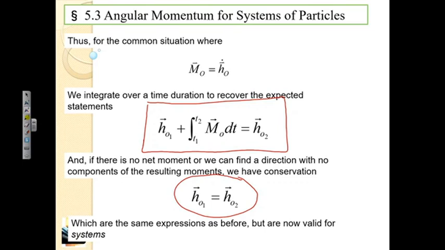I got two balls, and I've got R1 cross mv. My velocity of 1 is R1 times omega 1. And these are vectors, so I'm going to give this a coordinate system really fast.